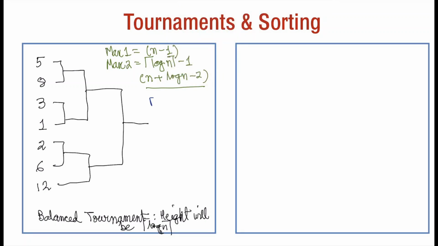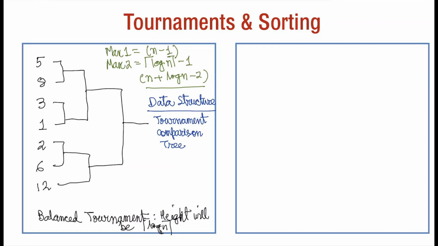So the storing of this tournament structure, so we now have what is called a data structure that we will store, and this data structure is this tournament comparison tree. And we will use this tournament comparison tree to solve our problem.